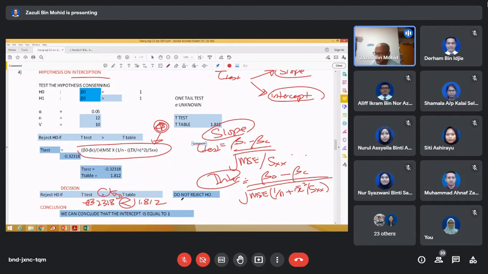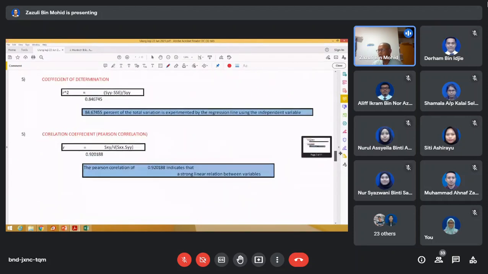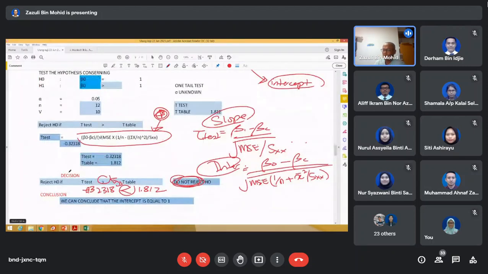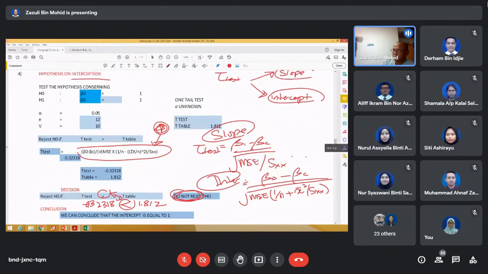So the decision here is do not reject. And then you have the conclusion. In this chapter, in this hypothesis, this is very important, you have to write it down.